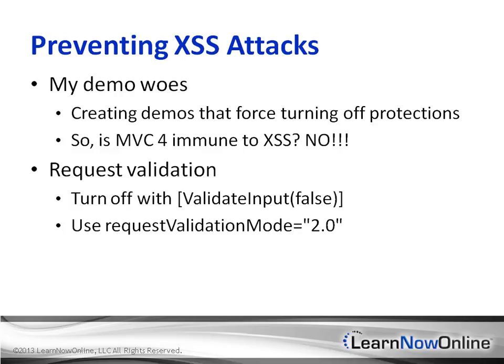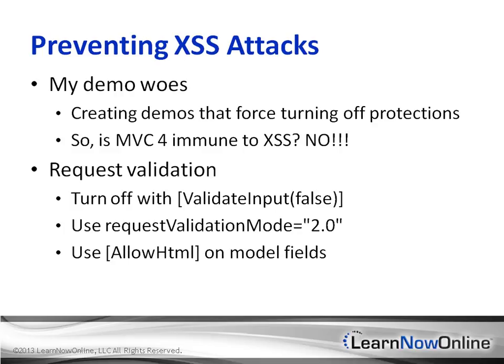To use this, you just add the request validation mode attribute with a value of 2.0 to the HTTP runtime element. So just to allow unsafe input for a single action method, you have to dumb down request validation for the entire web application. I'm really sure Microsoft had some good reasons for doing things this way, but it just boggles my mind.